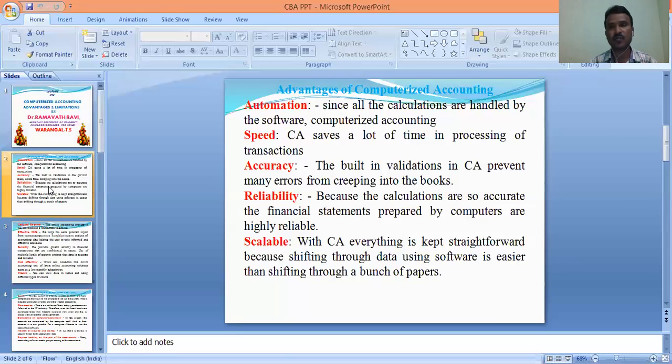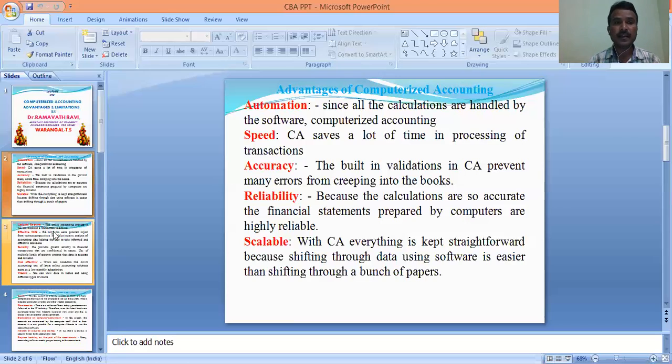Everything is in electronic form. So it is also helping in environmental protection. We are not wasting our papers. It is better for society and provides a healthy environment.